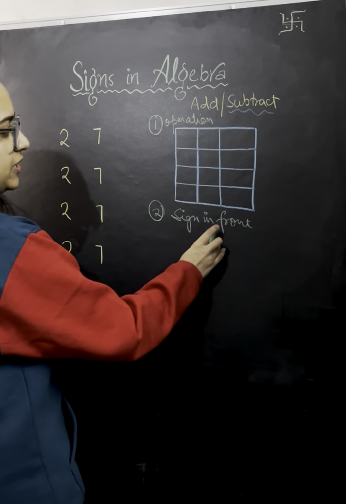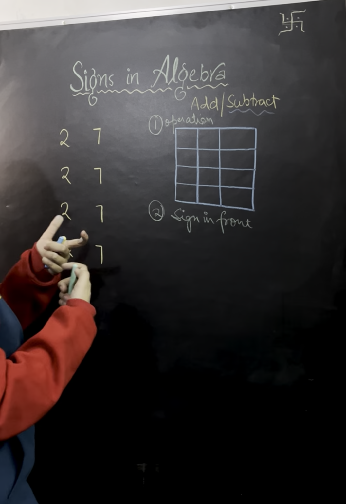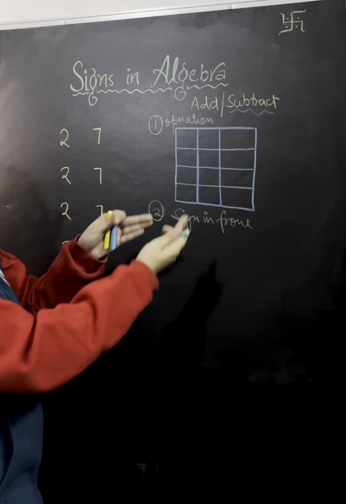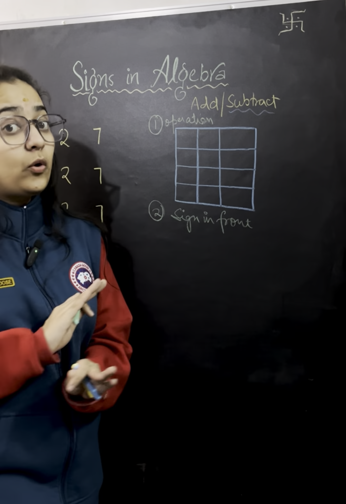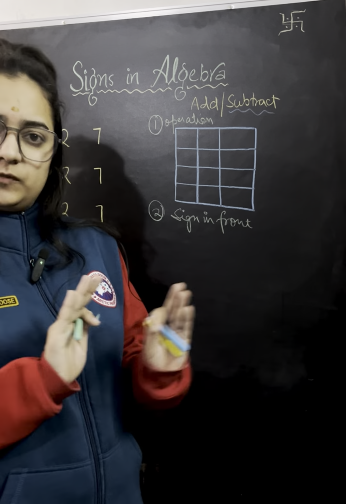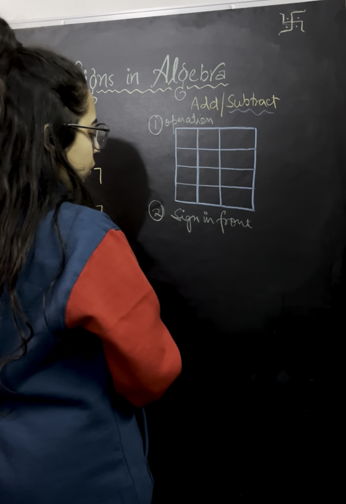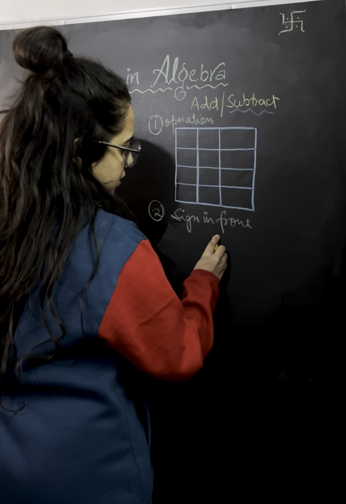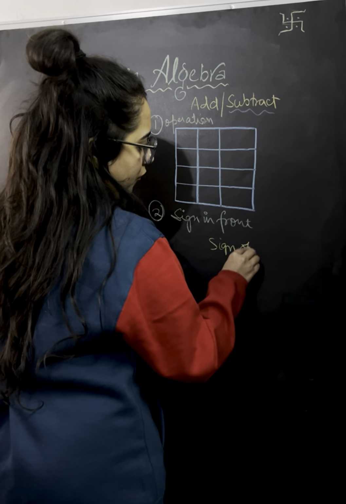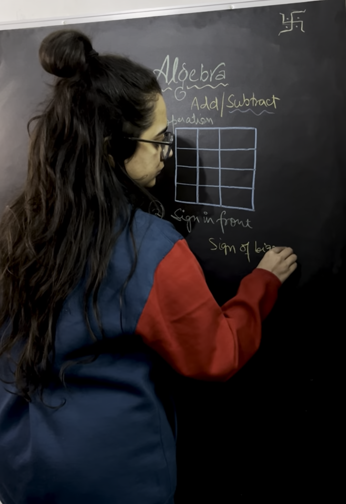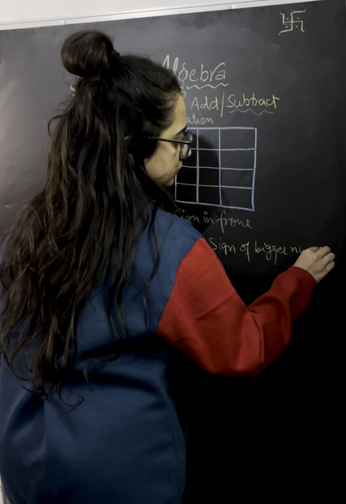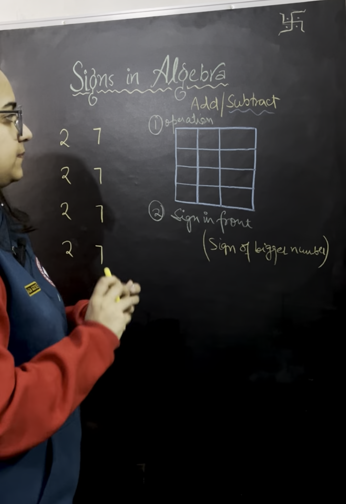The sign would always be of the bigger number. Between 2 and 7, number 7 is bigger. That's it. No overthinking, no nothing. Bigger number's sign. Done? Always go for the sign of the bigger number. This is the second step.